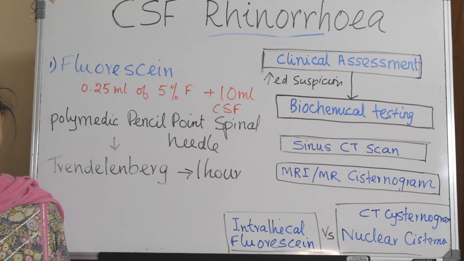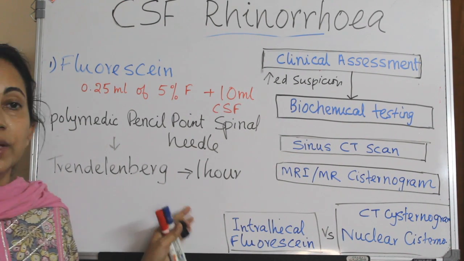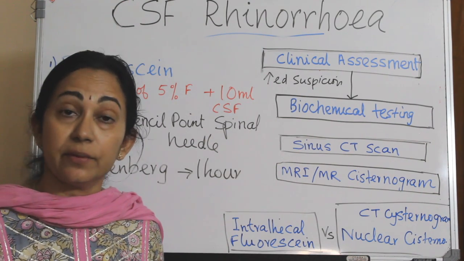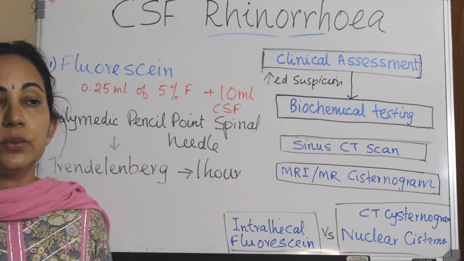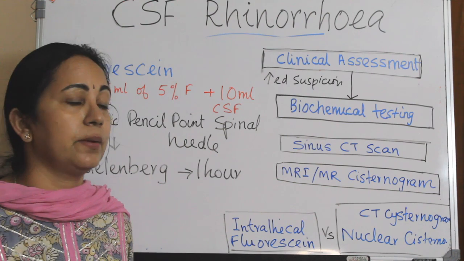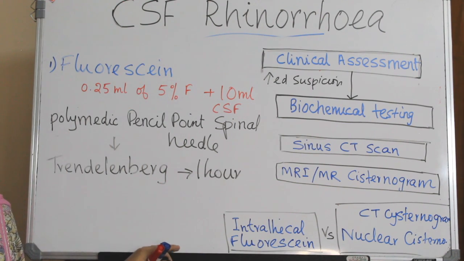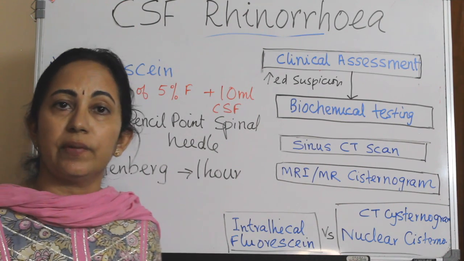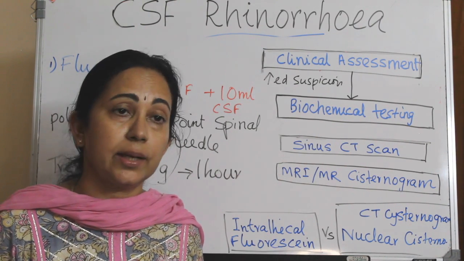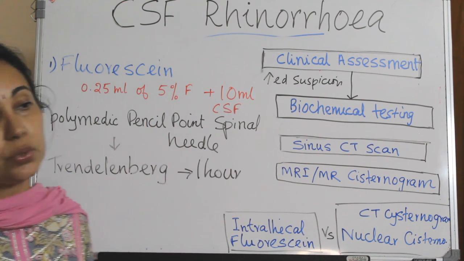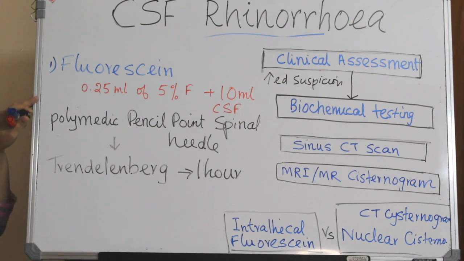At the time of surgery with an endoscope you can see the fluorescent dye coming if there is an active leak, and you can increase the visibility by putting a blue light filter along with the endoscope light source, or you can ask the anesthetist to do a Valsalva maneuver, or if you are doing it under local anesthesia you can ask the patient to cough. Okay, so that is regarding fluorescein.